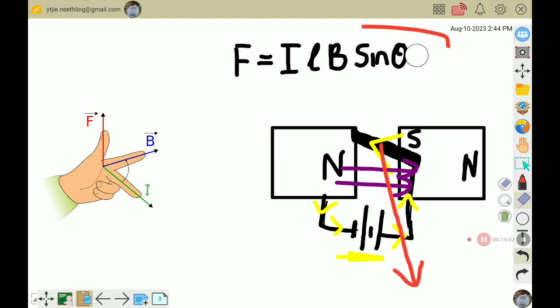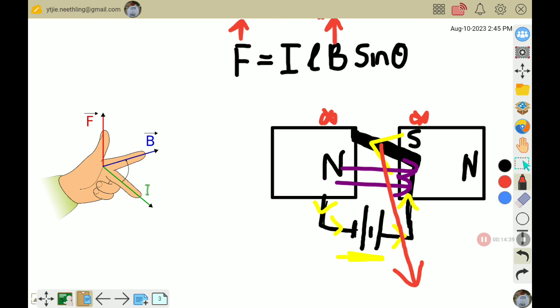If you keep everything constant except for the length of the current carrying conductor, you increase that length of the conductor, the force will also increase because they are directly proportional to each other. All the rest should be kept constant. Or you can increase the magnetic field strength of the permanent magnets. So use stronger magnets.